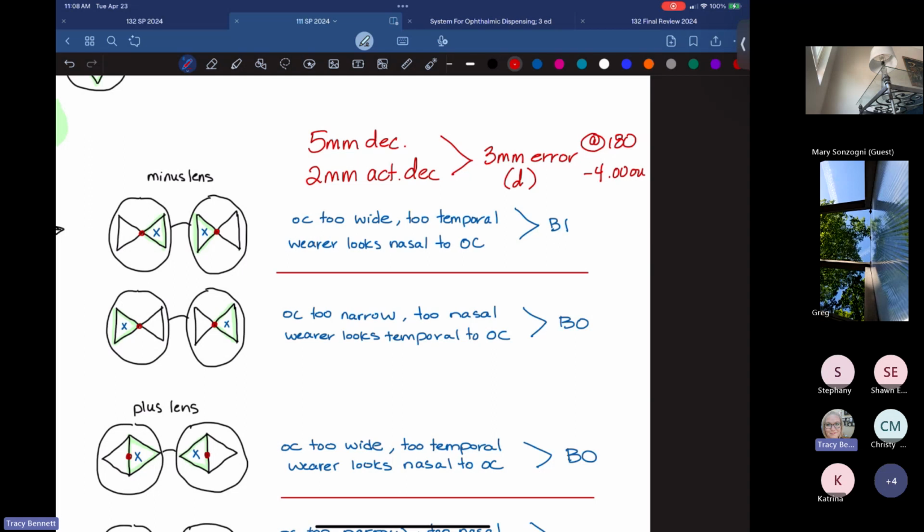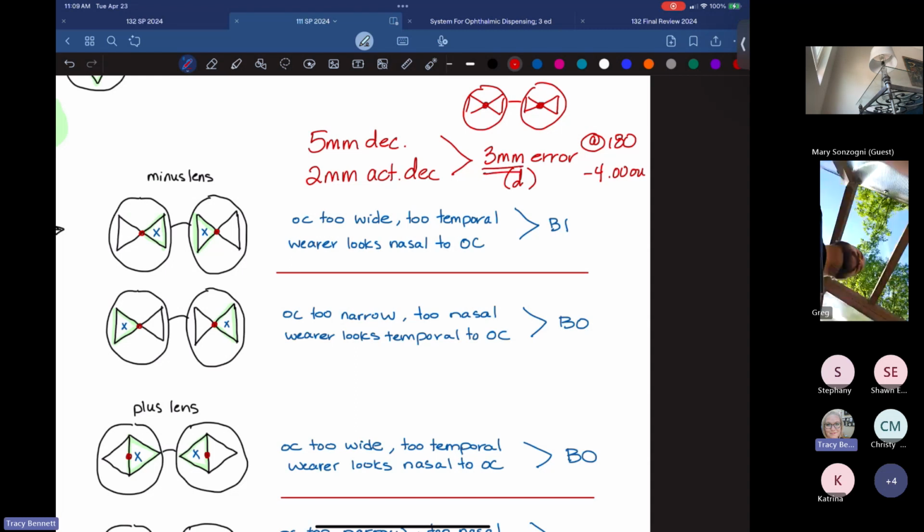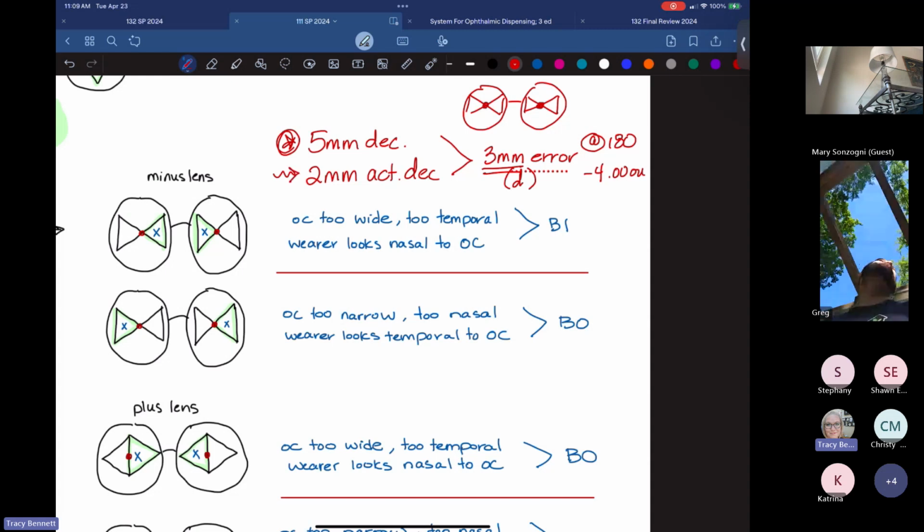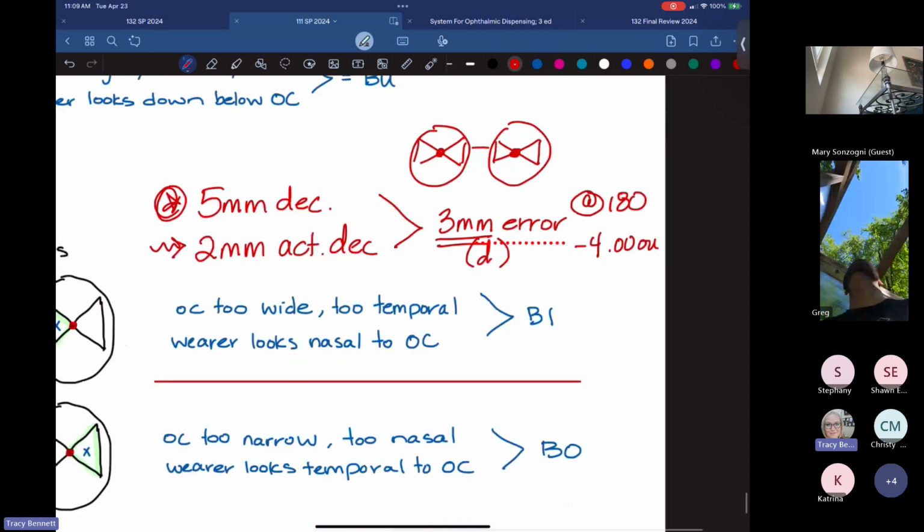We got minus lenses, right? So let's start out here. Draw my minus. Draw my minus. Where's my OCs? Right here. And I am 3 millimeters away from where I'm supposed to be. We were supposed to decenter 5 millimeters in, but what we actually ended up doing was 2 millimeters.